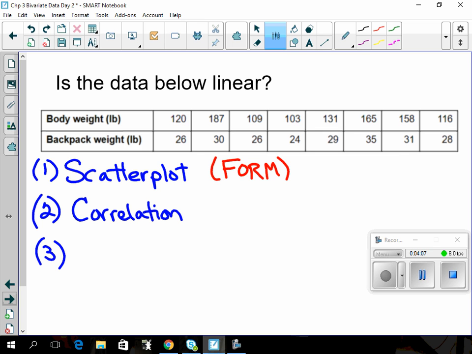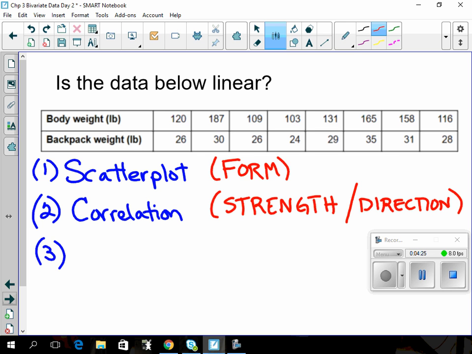So that's going to talk about the strength. Am I spelling strength right? That just looks weird in all caps, I guess. It also talks about direction. Okay?